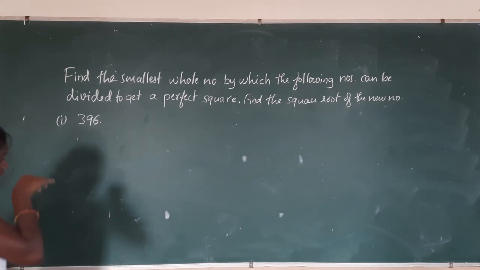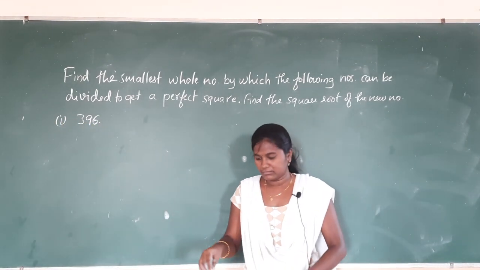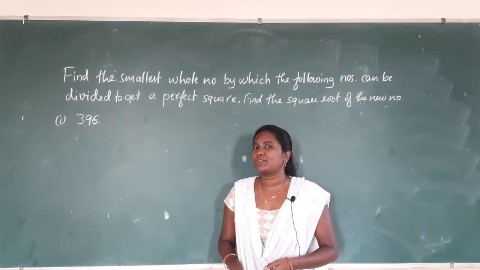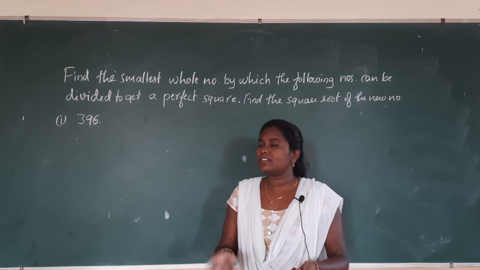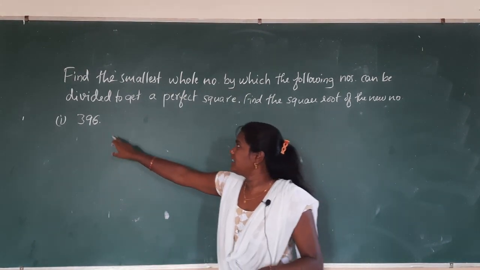We'll take the number 396. Is 396 a perfect square? It is not a perfect square. Why is it not a perfect square? You should not say that it is ending with 6, because numbers which end with 6 may be perfect squares.